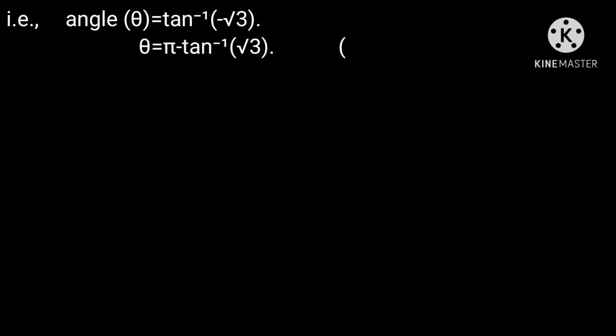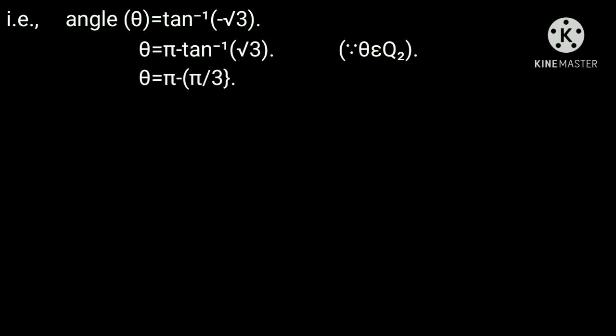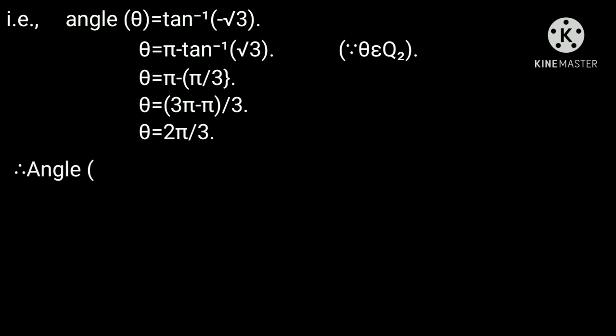That is, theta equal to pi minus tan inverse root 3 because theta belongs to Q2. Theta equal to pi minus pi by 3 because tan inverse root 3 value is pi by 3. Then after calculation, theta equal to 3 pi minus pi by 3 equal to 2 pi by 3. Therefore, angle theta equal to 2 pi by 3. This is our required problem solution.